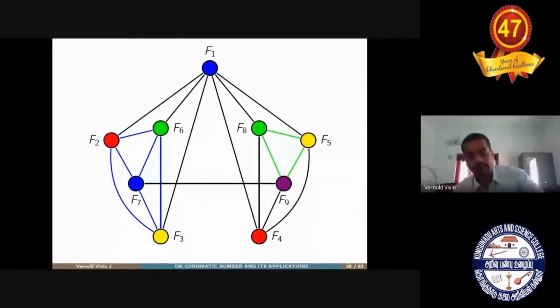I have also given a coloring for this graph. You can find the minimum number of colors to color this given graph happens to be 5: blue, 1, 2, 3, 4, 5. Am I right?